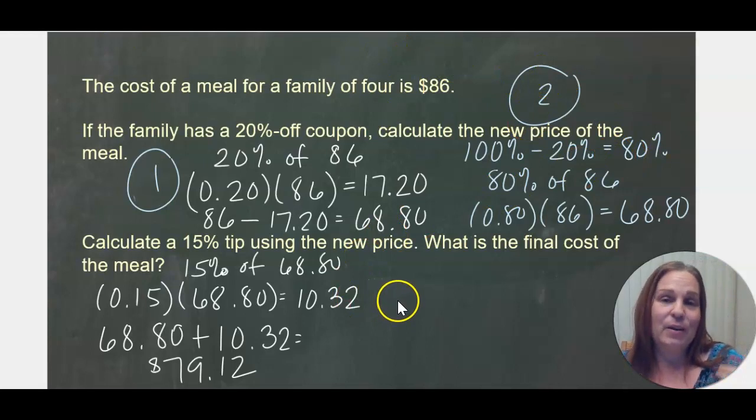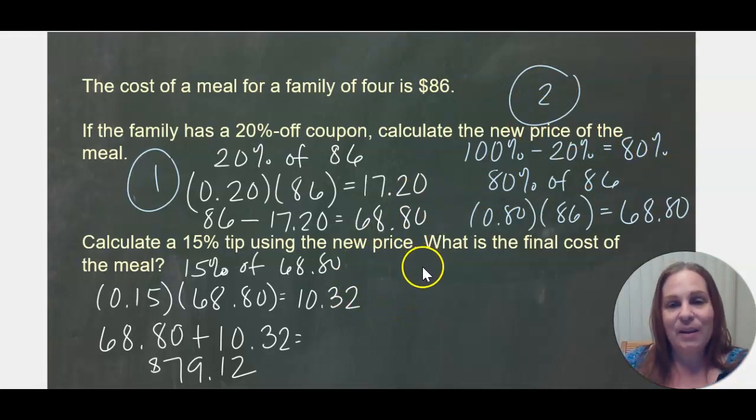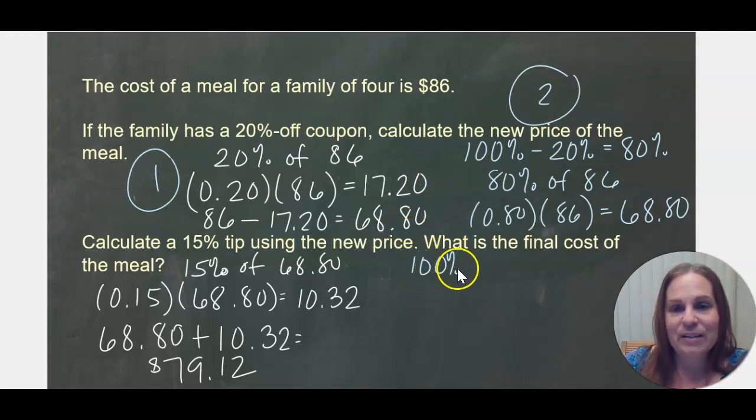And guess what? We can do the same thing with the other method. If I'm going to pay 100% of my meal plus 15%, that means I am paying 100% plus 15%, which is 115%.